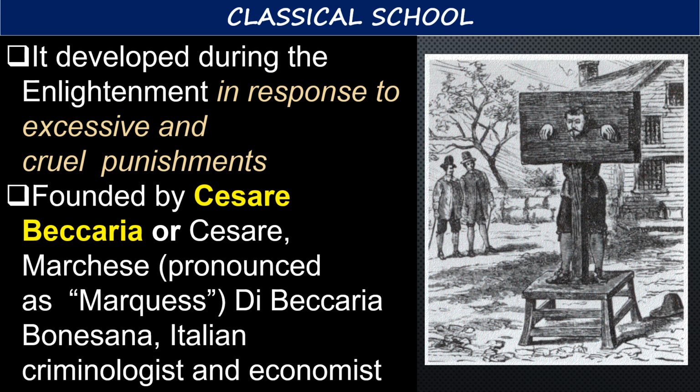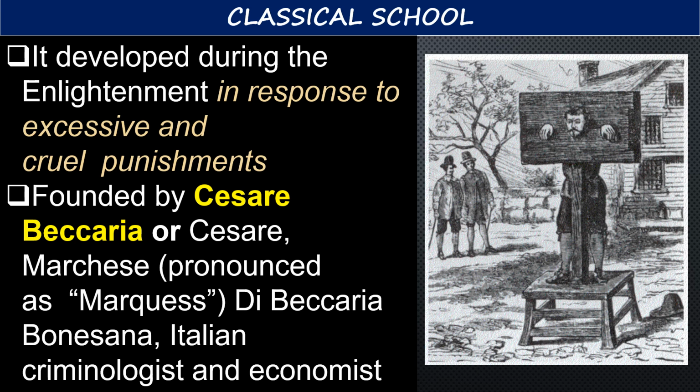So this classical school actually developed during the Enlightenment. What is that Enlightenment period? The Enlightenment period was the time when people began to think away from the Bible, away from the religions, away from their traditions, from their cultures, and from their spiritual belief.